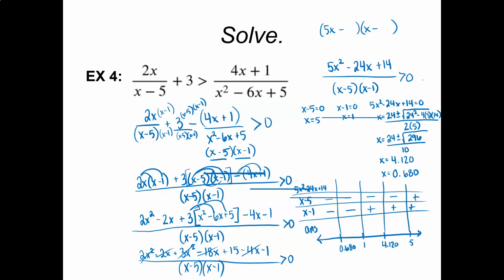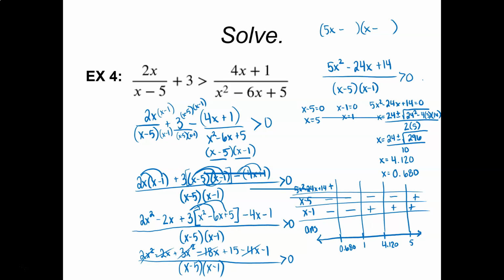The tricky part is the 5x squared minus 24x plus 14. If we plugged in 0, we would get 14, so that would be positive. For a number between 0.680 and 1, I promise I will not give this to you without a calculator. I probably am not going to give it to you anyway. Maybe as a bonus or something, but if I give it to you, you will have a calculator.